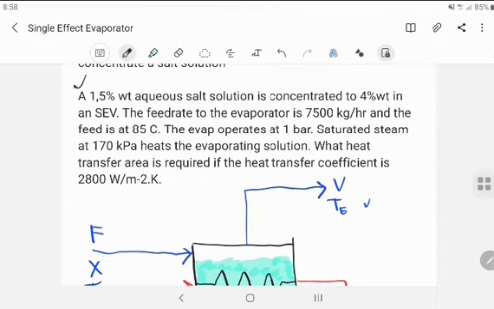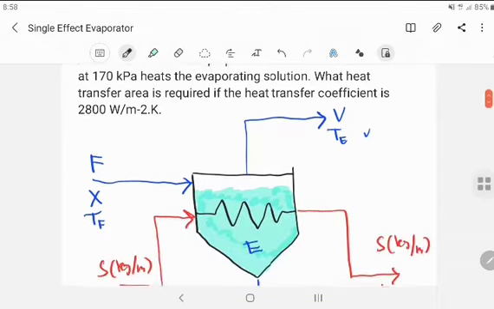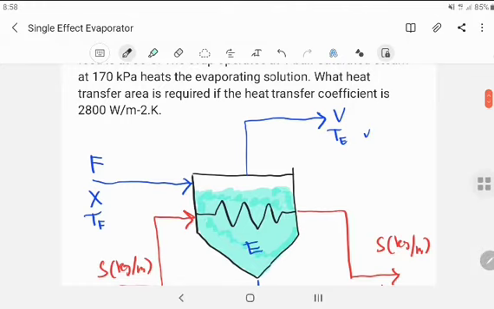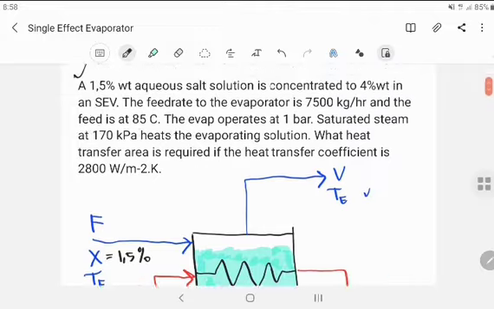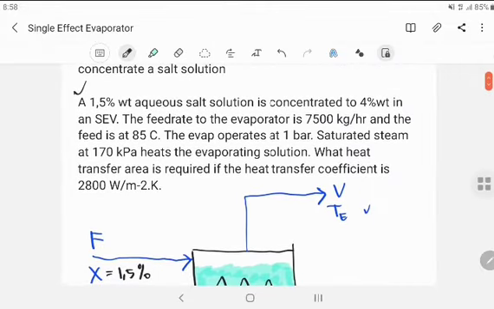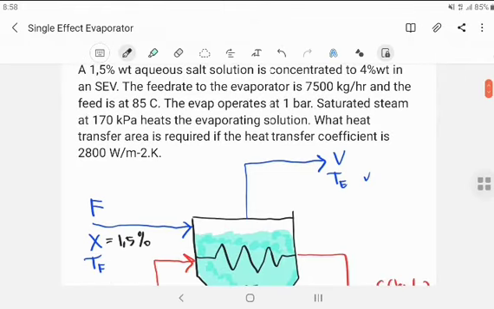Let's write down everything that we know from this example. The aqueous salt solution means that the fraction of the solid in here is 1.5%, while the feed rate F is 7,500 kilogram per hour.